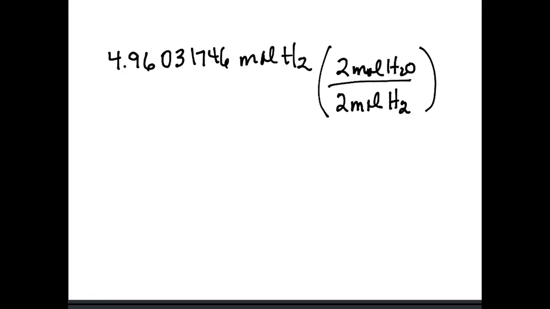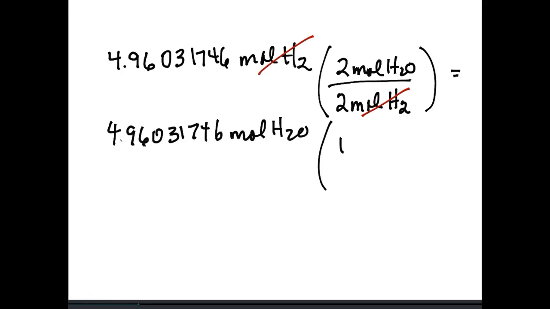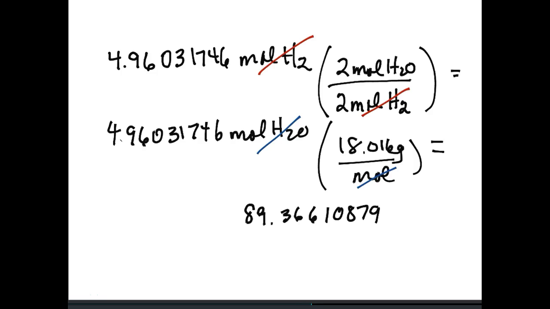But this means that we would have 4.9603 moles of water, and then we use the molar mass of water to calculate grams. Moles cancel, and that gives me 89.366 grams of water. I need 3 significant figures. The mole ratios are exact, so that means I need to round this to 89.4 grams of water. So this is my answer to part C.